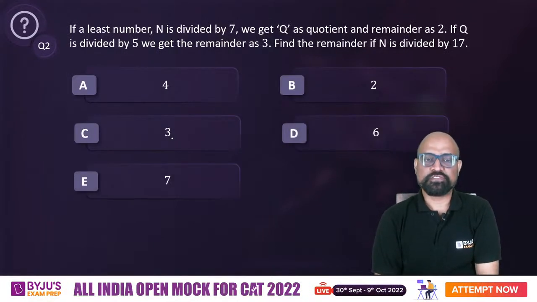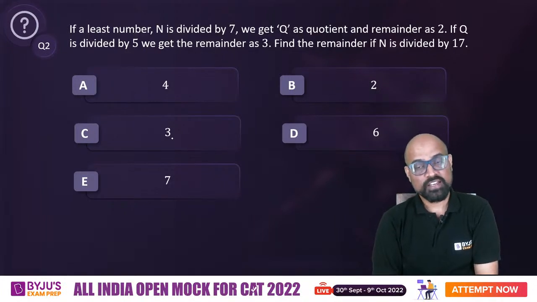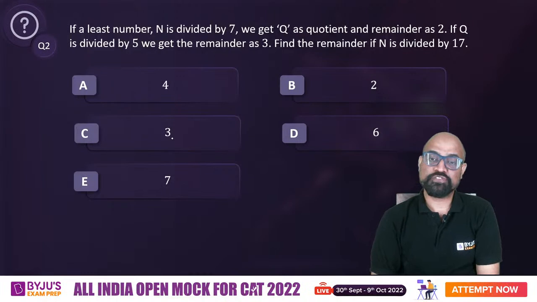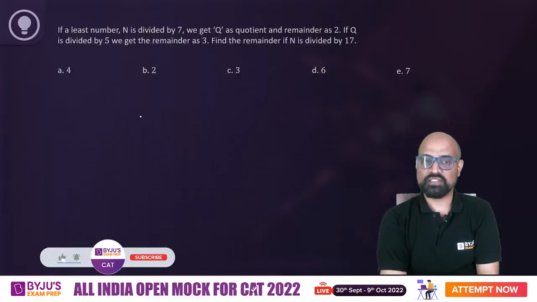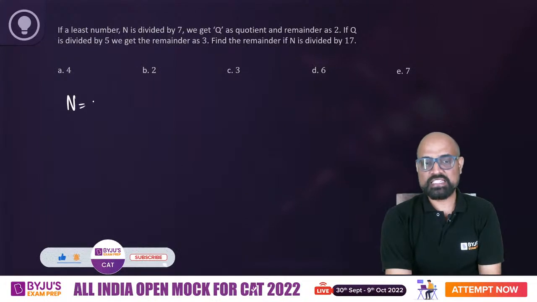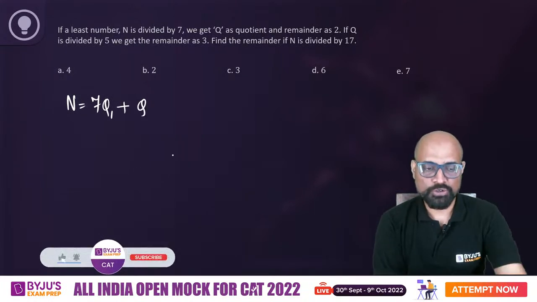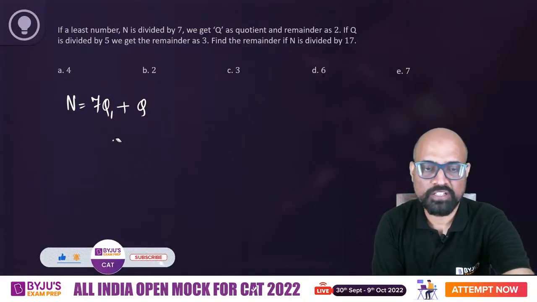Next, if a least number n is divided by 7, we get q as quotient and remainder as 2. If q is divided by 5, we get the remainder as 3. Now we have to find the remainder if n is divided by 17. So how do we solve questions like these? It is given that when n is divided by 7, we get q as quotient. So I'm going to erase this q and use some other variable.